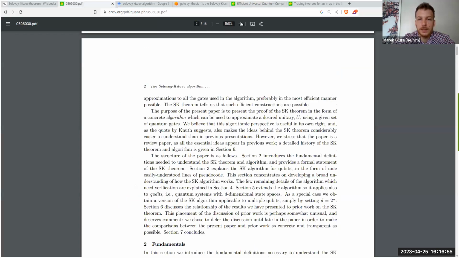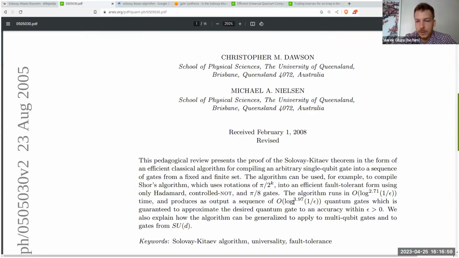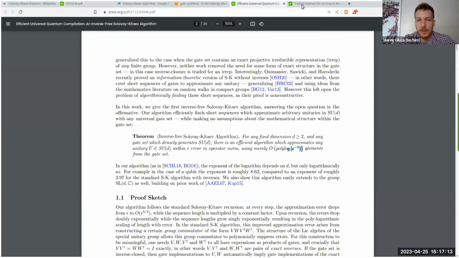So basically they are saying you are losing essentially nothing. So a sequence of quantum gates, that's the length of the circuit, and the scaling here is log to some rational power, so it's bounded by log to power 4 of 1 over epsilon. So the classic paper was log to power 4, and here they say log to some power n.